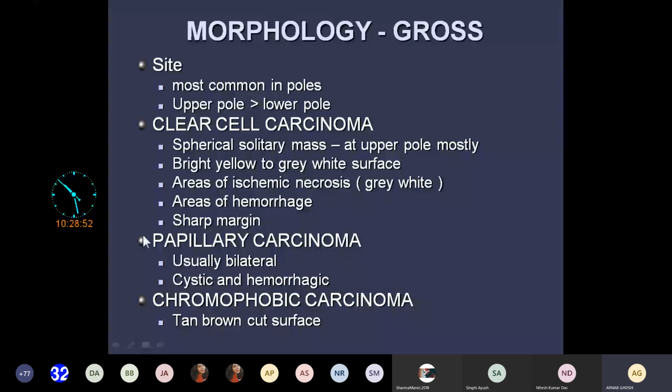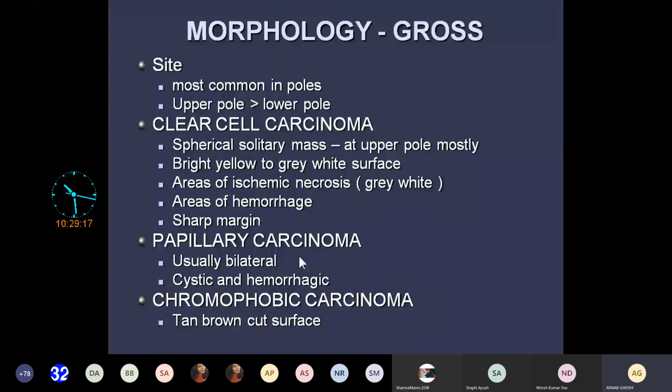Now next is papillary carcinoma. Papillary carcinoma may be bilateral. Okay, so this is again one interesting point, and as they're forming papillae, so that papillae will be within a cyst. Okay, so that papillae will be projecting within a cyst, and that's why often the tumor will be cystic.